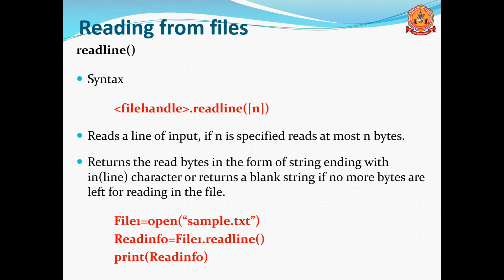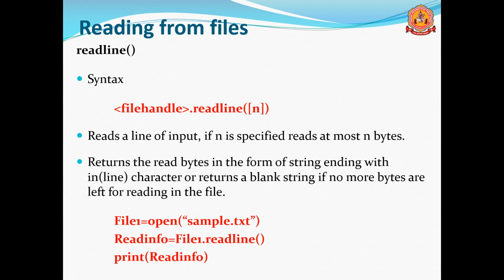For example, if you specified 30 bytes and 30 bytes are not there to read, then what happens? It will read, for example, 5 bytes, and the remaining bytes will be left empty. Empty blank spaces will be displayed.